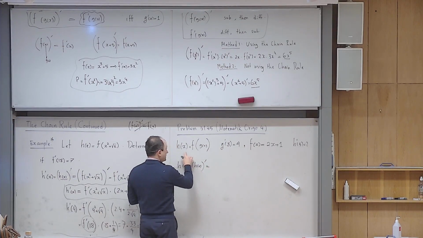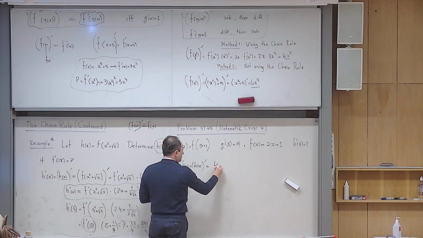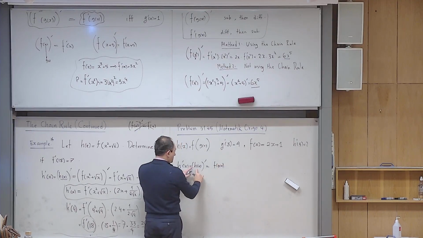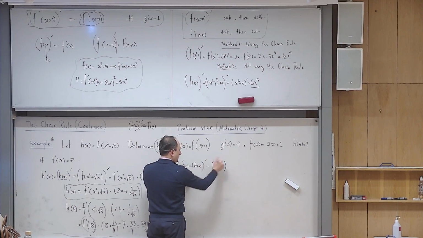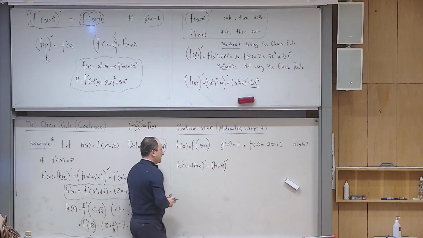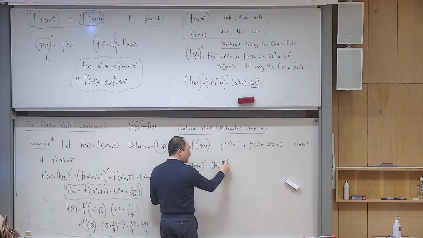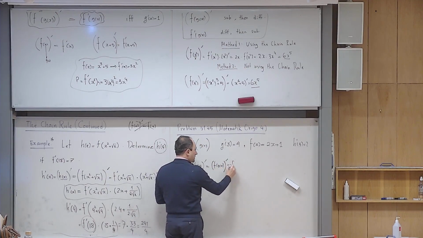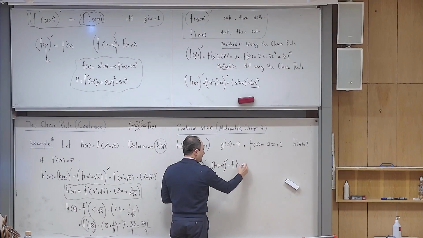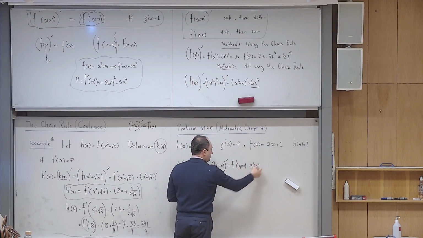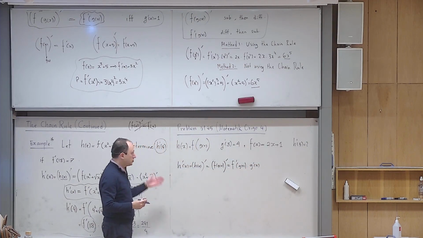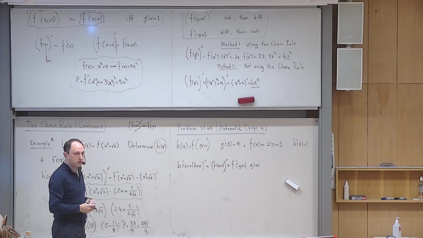But h of x is given to me, so this is f of g of x. Instead of h of x, I put this, with a pair of brackets around it, then a prime. But this is the chain rule, so I can flip this prime sign here, but the price I have to pay is to multiply by an extra g prime of x. This is the whole thing that you really need to know.